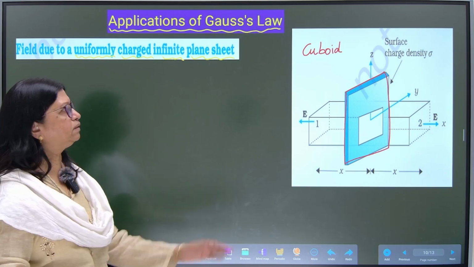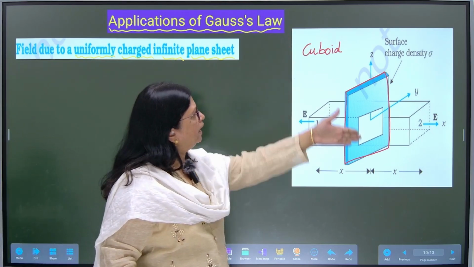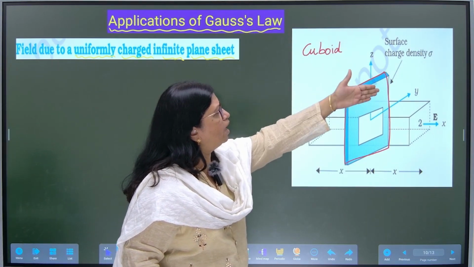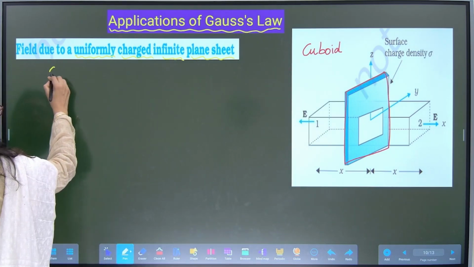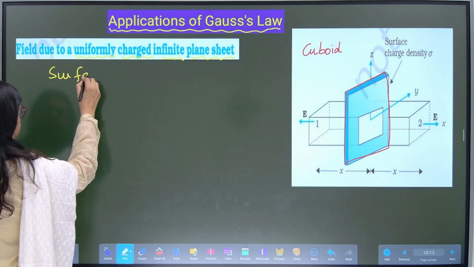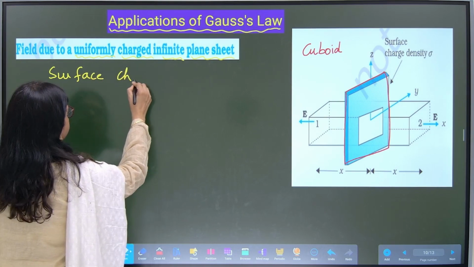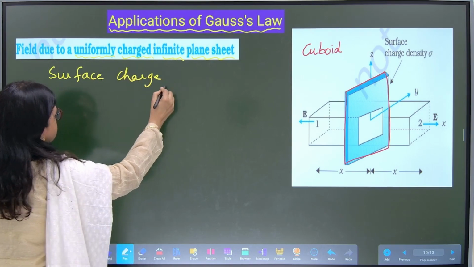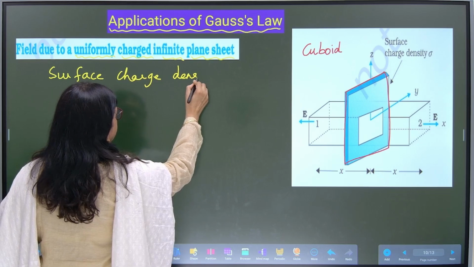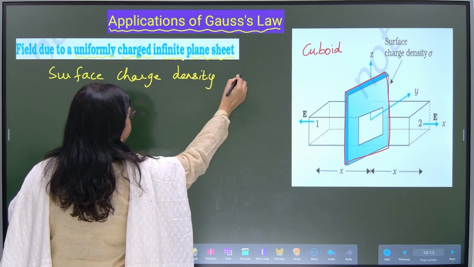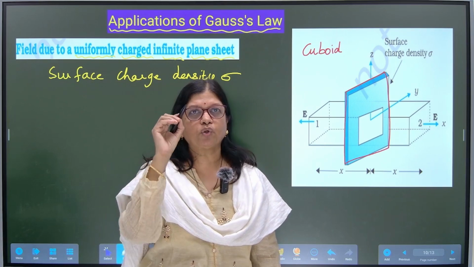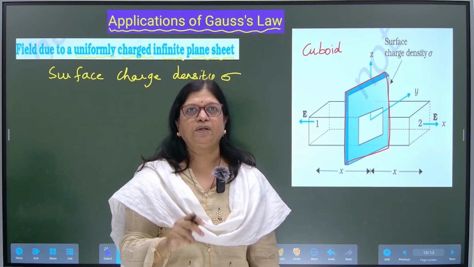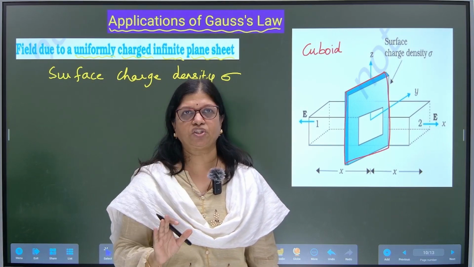So first let us consider a plain sheet with surface charge density sigma. Now let us write what is this surface charge density sigma. These all terms are new for you, so you have to remember these words because these words itself are your questions.